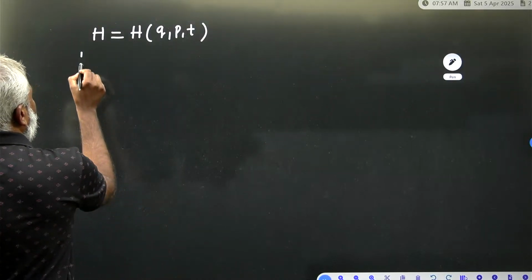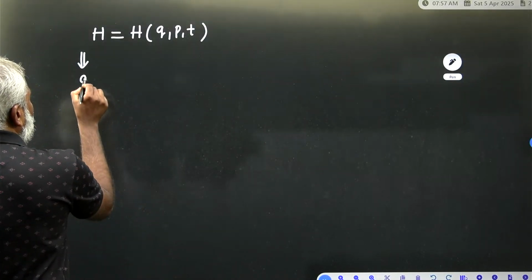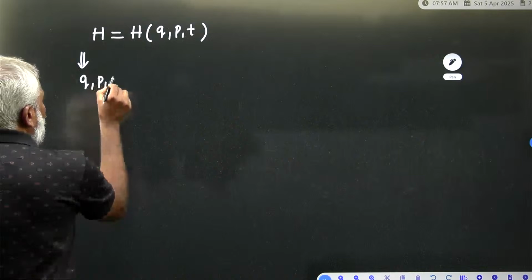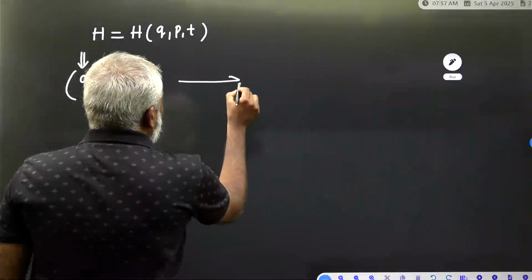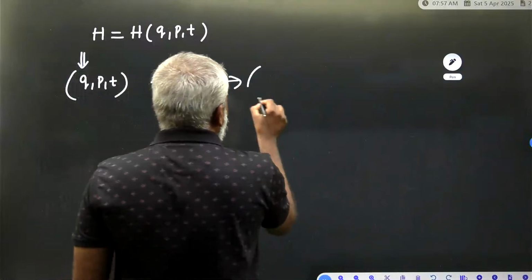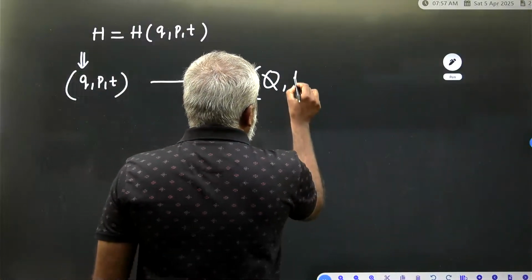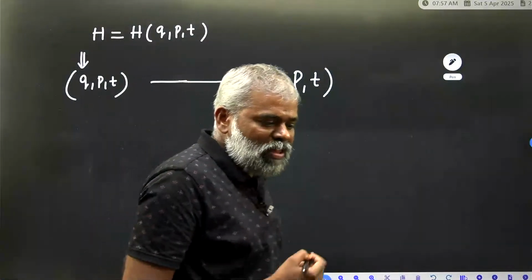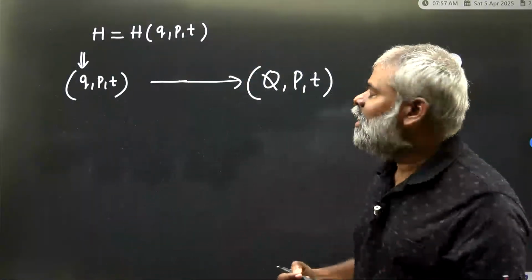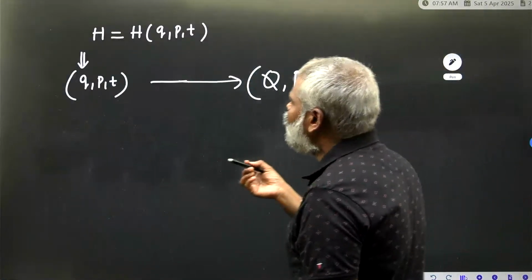Suppose by using a canonical transformation, the old coordinates q, p, t change into the new coordinates capital Q, capital P, t, with a new, transformed Hamiltonian.